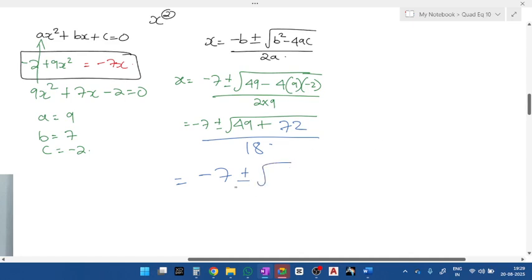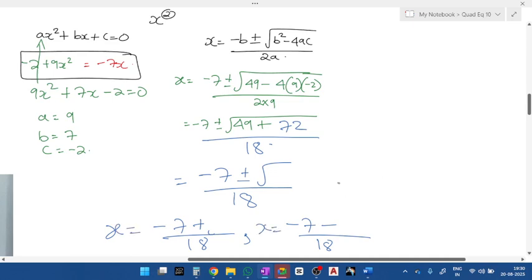How much is 49 plus 72? 121. What's the square root of 121? Be quick, all of you unmute and answer. Square root of 121 is 11.